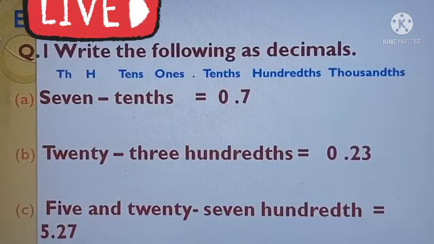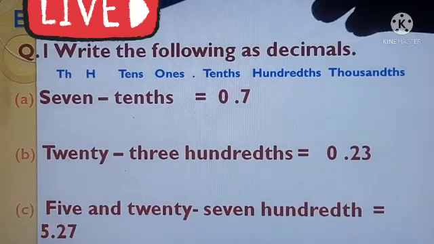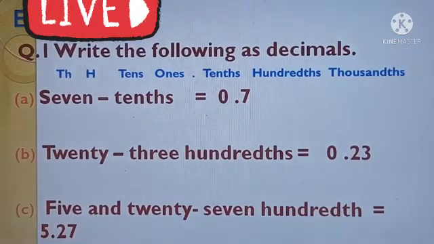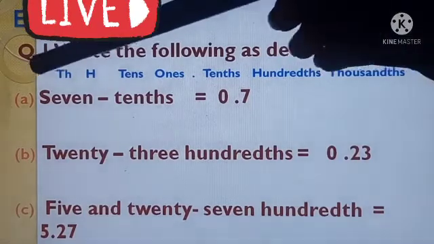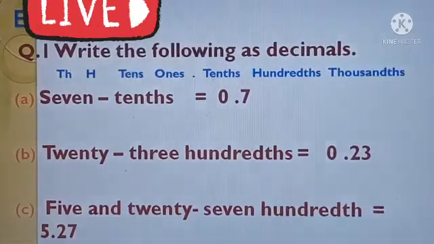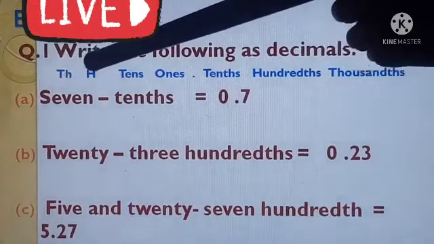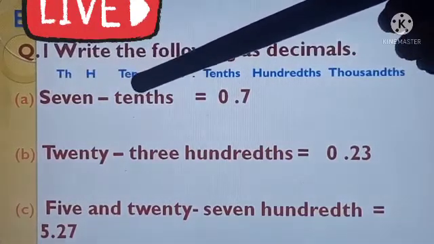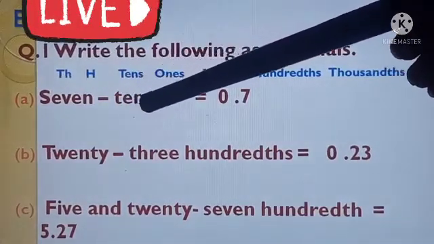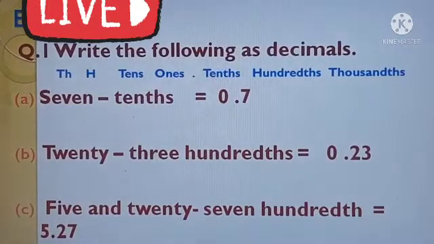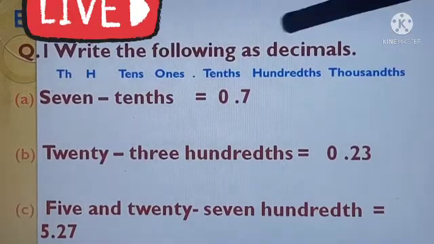So after understanding the place value chart and like and unlike decimals, now we will start our Exercise 1A. Your first question is: write the following as decimals. A part, 7/10. Now from here we can understand that it is 7/10, tenths, the first place after the decimal. So what was our place value chart?